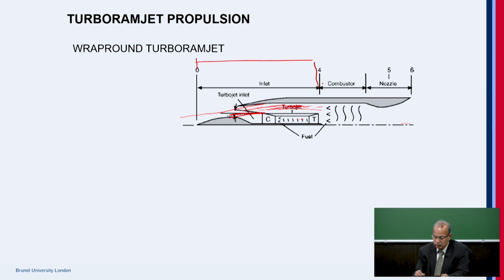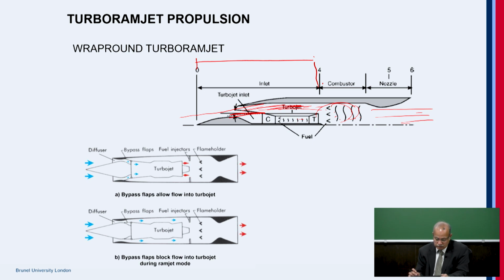You need the longer inlet, and then combustion taking place, where the afterburner of the turbojet becomes the main combustor of the wraparound configuration, and then it burns and then it expands in the nozzle. This is the wraparound turbo ramjet configuration. So what all I have explained here, you see the same stuff here in this schematic.